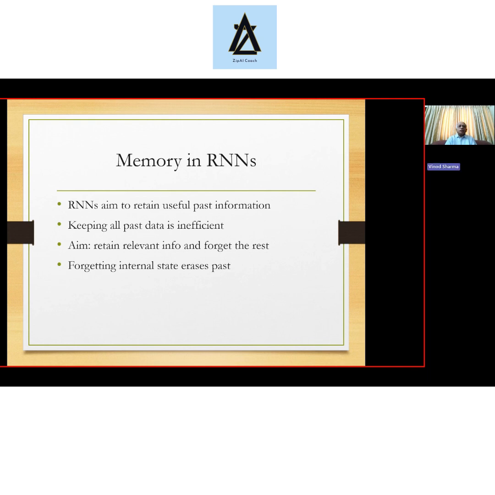RNNs aim to retain useful past information because they are supposed to represent the dependencies with the past. However, keeping all the past data is not efficient because it requires too much storage. Therefore, the important thing is that you want to retain the relevant information that is needed now and in future, and forget the past information to keep storage requirements limited.